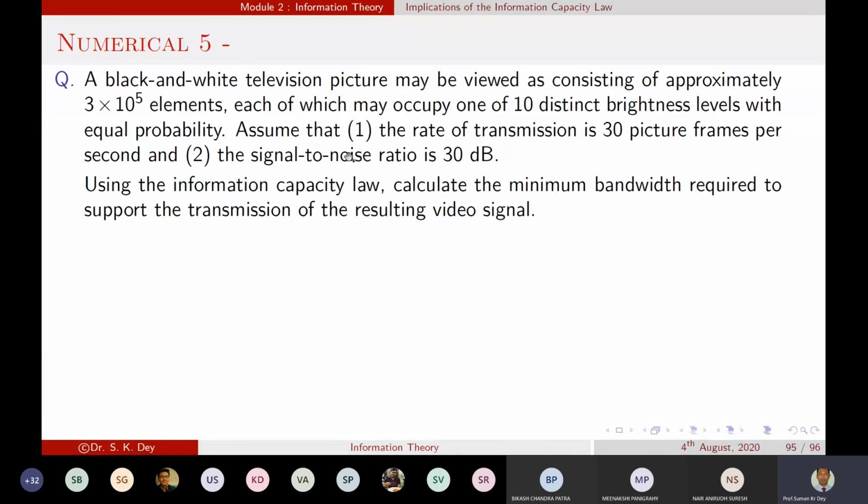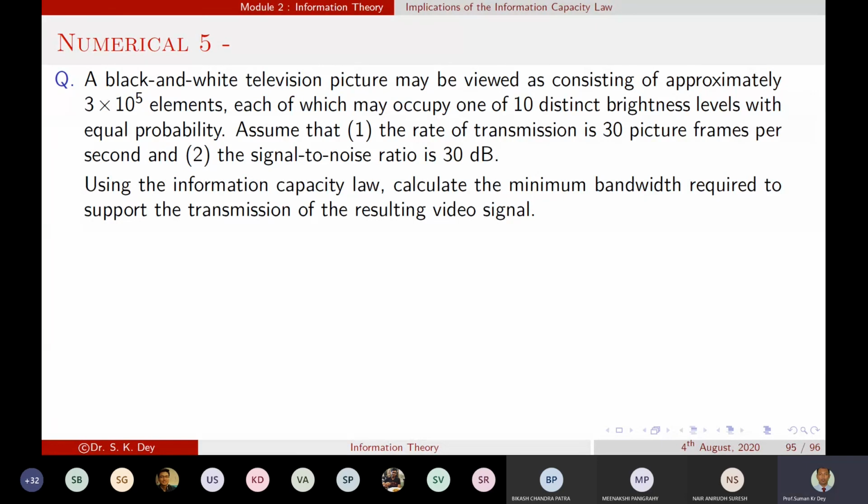When we discussed entropy, we saw that if there are n random variables all with equal probability, we can assign the same number of bits to all the symbols. Since there are 10 levels, how many bits are required to represent a single level? We need to calculate that.